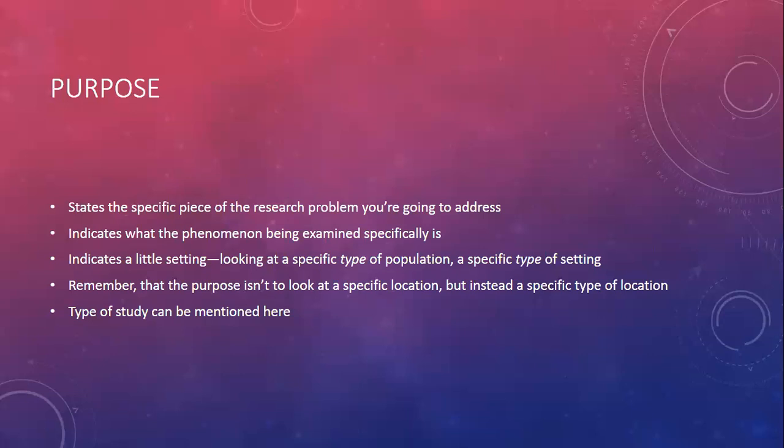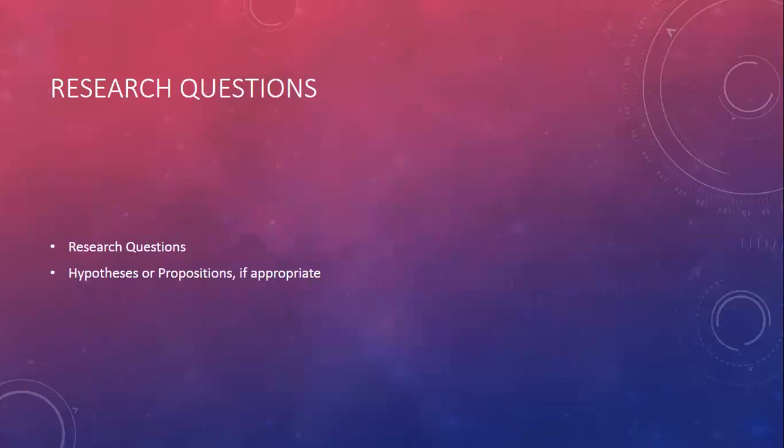Again, you're going to mention the type of study here. Whatever kind of study it actually is, again, it's just a sentence, a brief mentioning of what kind of study design you've got. Your research questions will come next. If you're doing a qualitative study, they're going to be open-ended questions: who, what, when, where, how, or why.